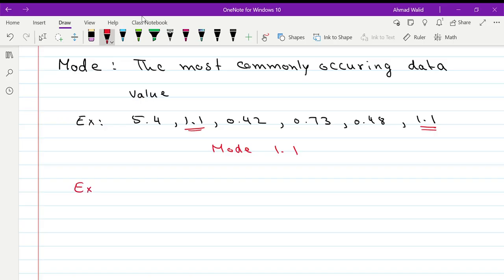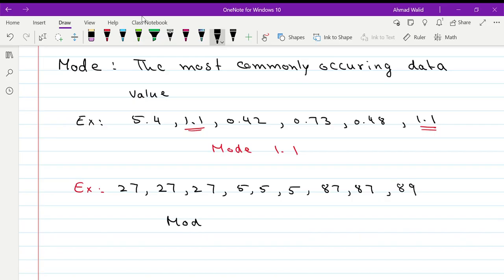Example 2. 27, 27, 27, 5, 5, 5, 87, 87, 89. What is the mode here? The most occurring one. 27 occurred 3 times.